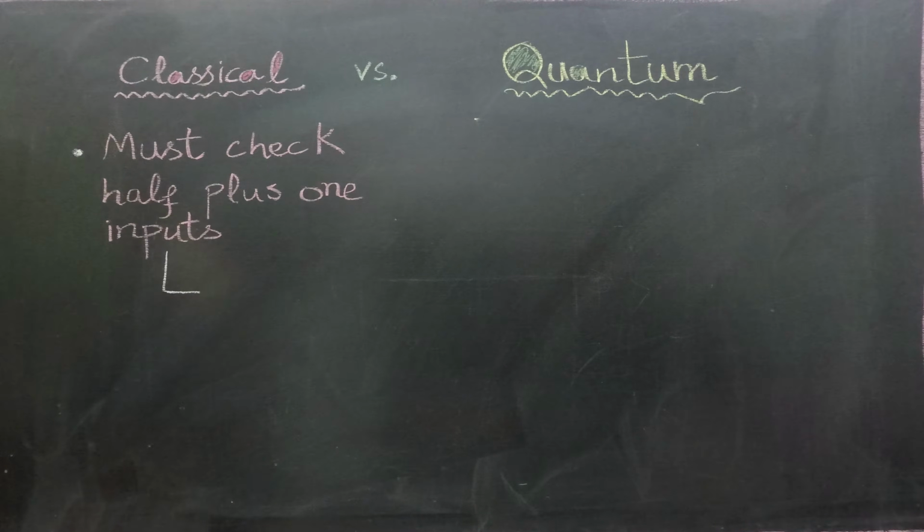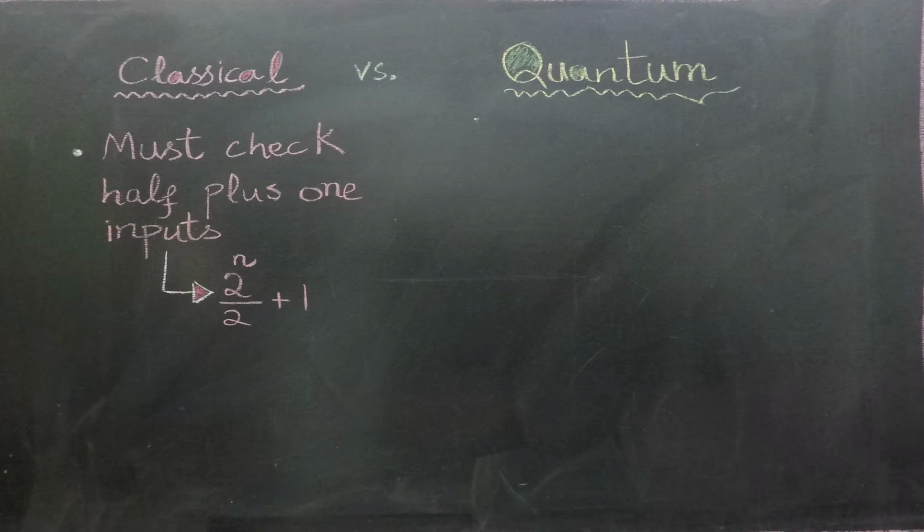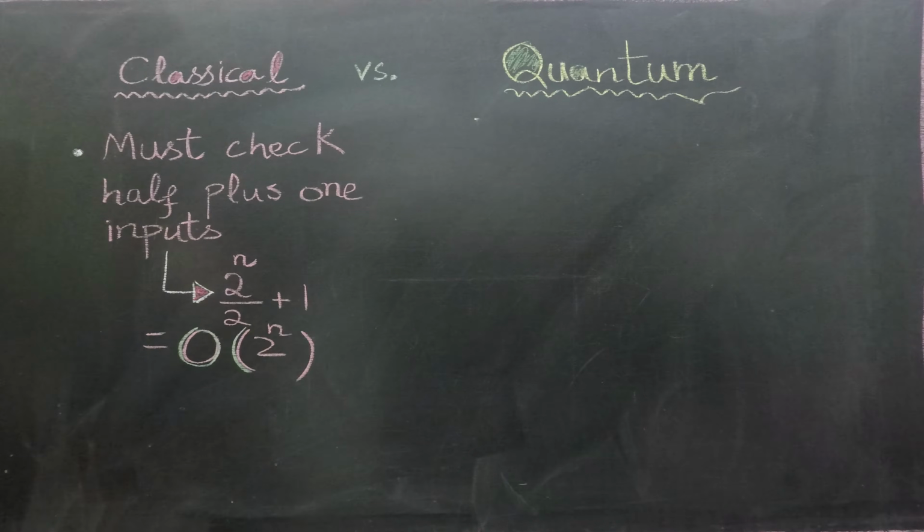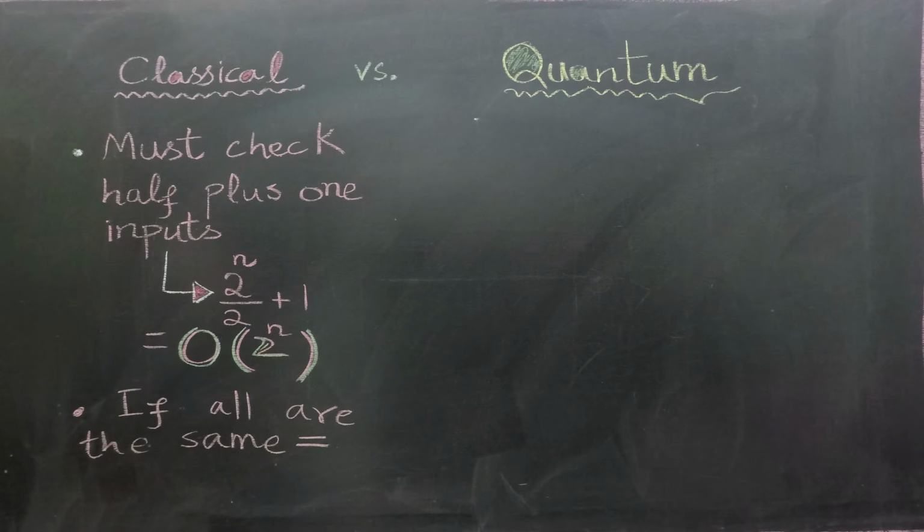Thus, the total number of inputs we must examine is 2 raised to power n minus 1, plus 1 additional input. This implies a time complexity of big O of 2 raised to power n, which is exponential. If all of our inputs produce the same result, then the function must be considered constant, otherwise it is balanced.